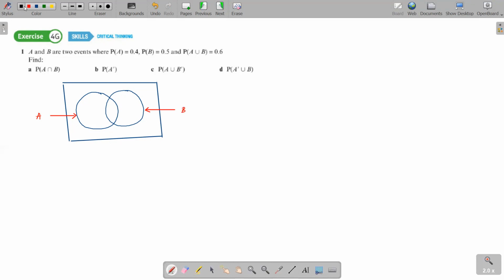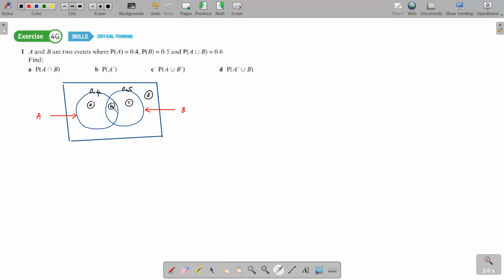Guys, when they say probability of A is 0.4, it means the entire circle A. It's the full circle. And when they say probability of B is 0.5, it's the full circle. And they say probability of A union B. Let me mark these regions A, B, C, D. A union B means you take everyone into account.